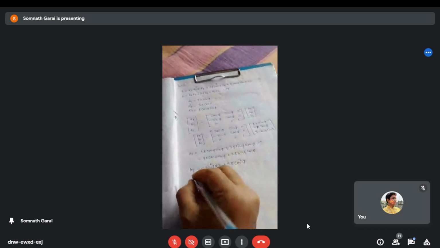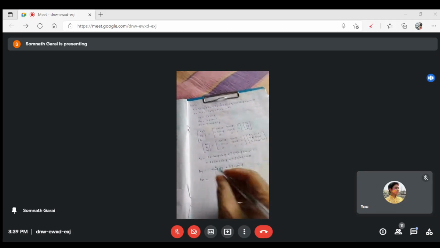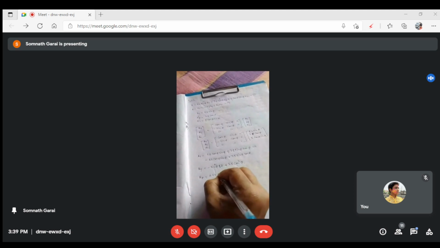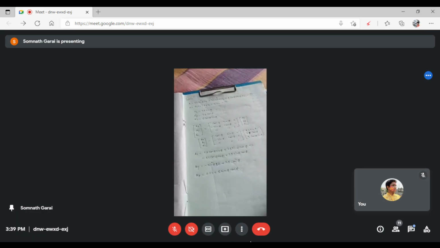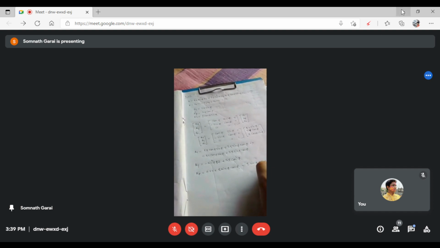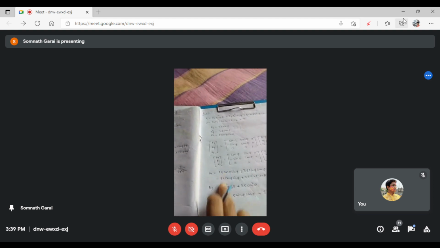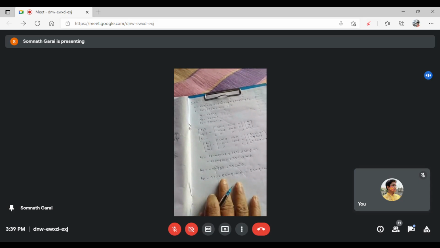And az is equal to matrix multiplication 0 plus 0 plus rho sin phi cos phi, that is equal to rho sin phi cos phi.